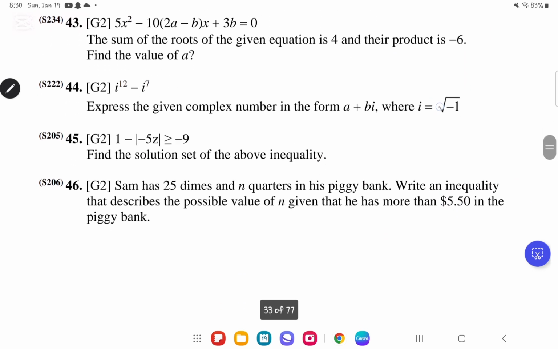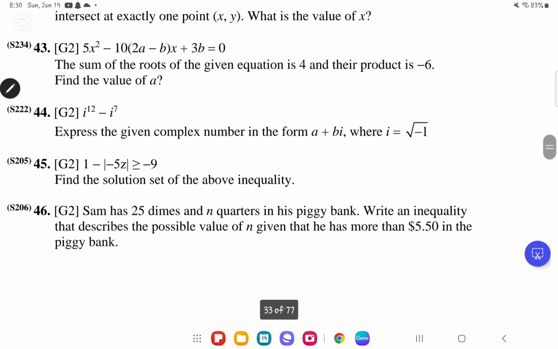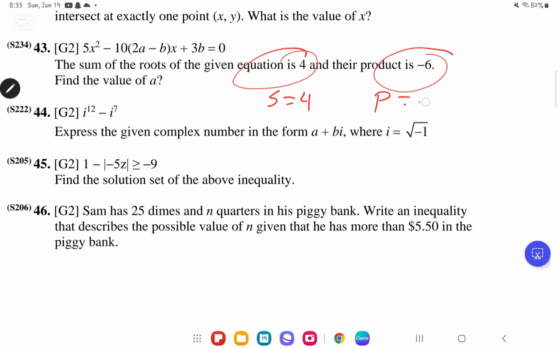And now last but not least, we have over here: the sum of the roots of the given equation is 4 and their product is minus 6. Okay? So what we are going to do in this type of equation is apply product, sum.